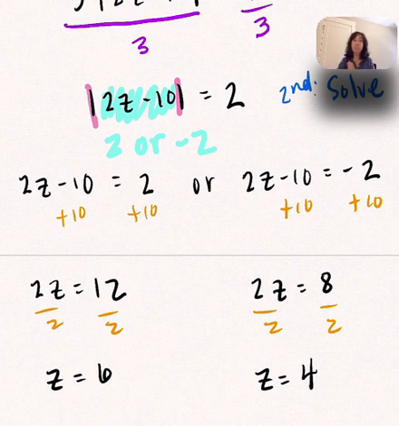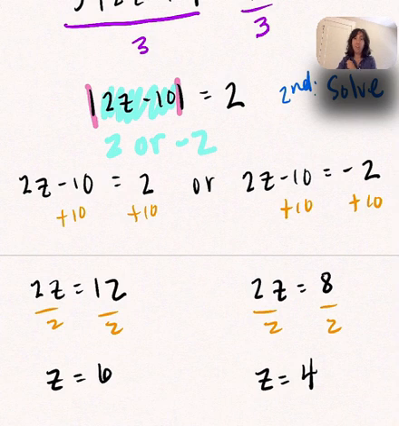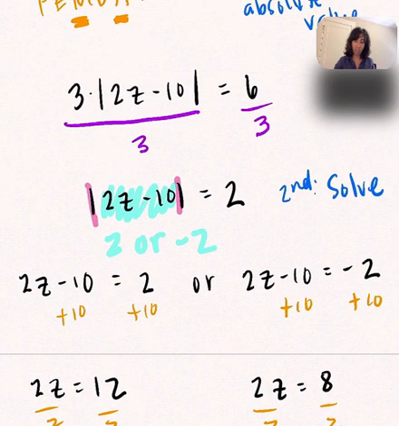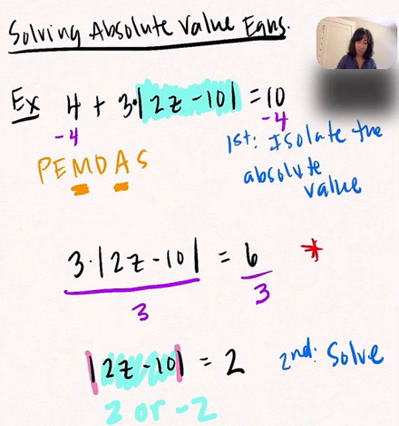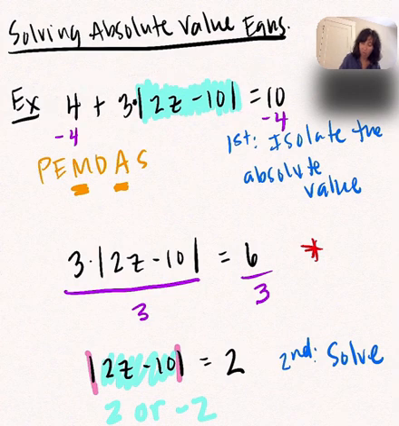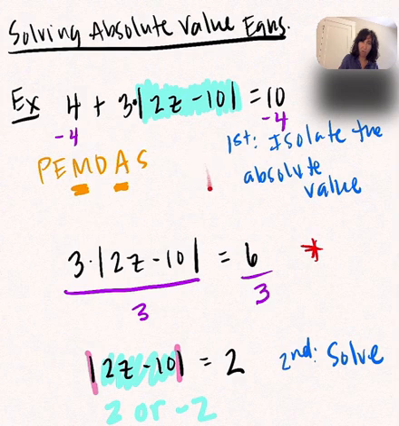Now the last thing that you should do is check these answers before you are 100% certain. So how do you check them? You always want to check using the very original equation you started out with. You don't want to check using this line or some other line. You want to check using the very, very original one, because if you check using something that's in between, you might have actually made a mistake somewhere in between.